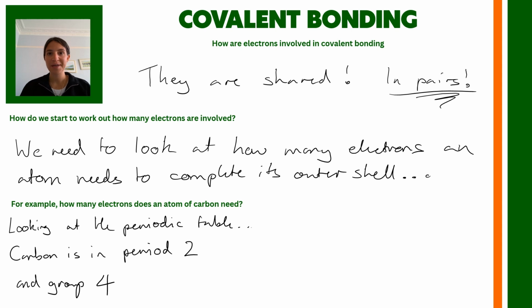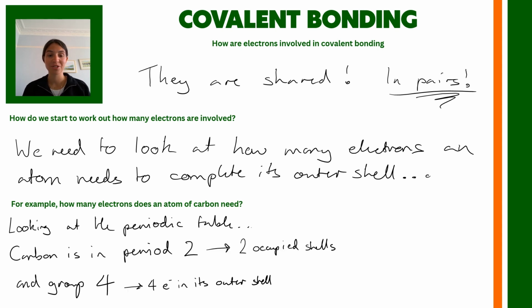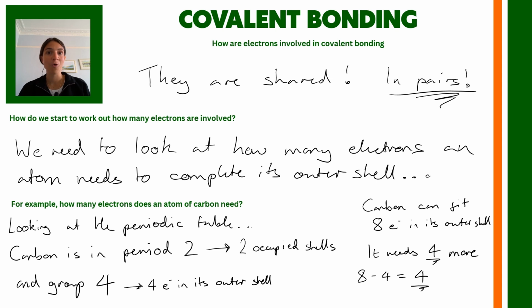If I have a look in my periodic table, I find that carbon is in period 2, so it's got 2 occupied shells. The first shell will have 2 electrons in it, and then the second shell, well, it's in group 4, which tells me there are 4 electrons in its second shell, its outer shell. And that shell can hold up to 8 electrons. So it needs 4 more, basically: 8 minus the 4 that it has, it's going to need 4 more to have a full outer shell.